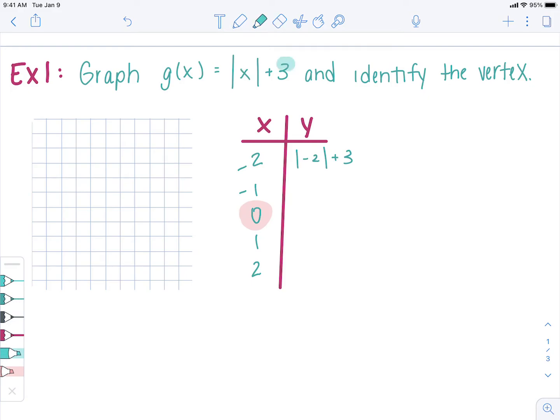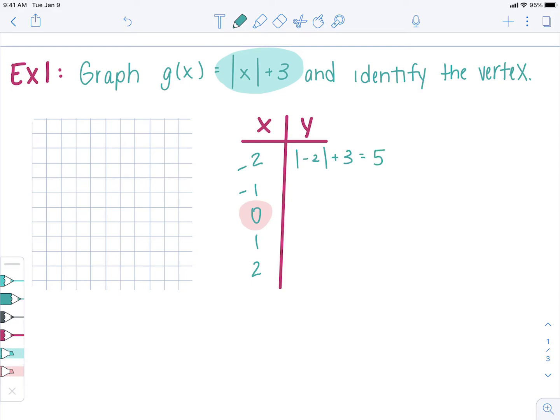Because I just took this entire equation and replaced the x value with a -2. What happens when I have the absolute value of -2 plus 3? What do I get? 5, right? Because the absolute value of -2 is 2, plus 3 is 5.